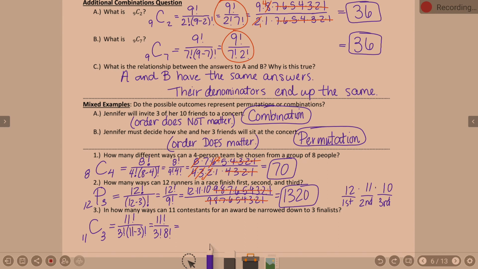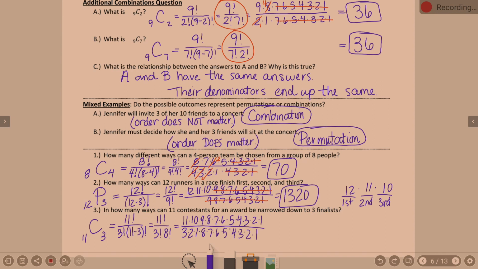11 factorial: 11, 10, 9, 8, 7, 6, 5, 4, 3, 2, 1. 3 factorial: 3, 2, 1. 8 factorial: 8, 7, 6, 5, 4, 3, 2, 1.